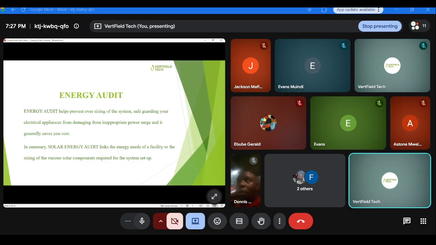Instead of doing a professional job by going through the process of energy audit, Mr. Jackson didn't bother to ask Mr. Dennis anything. Mr. Dennis reached out to him and said he wants to install a solar system. Mr. Jackson says, okay, fine, we have 5 kVA, we have 10 kVA system. Let us come and install it for you. Mr. Dennis, having no idea of all of these things, says, okay, bring this system in.